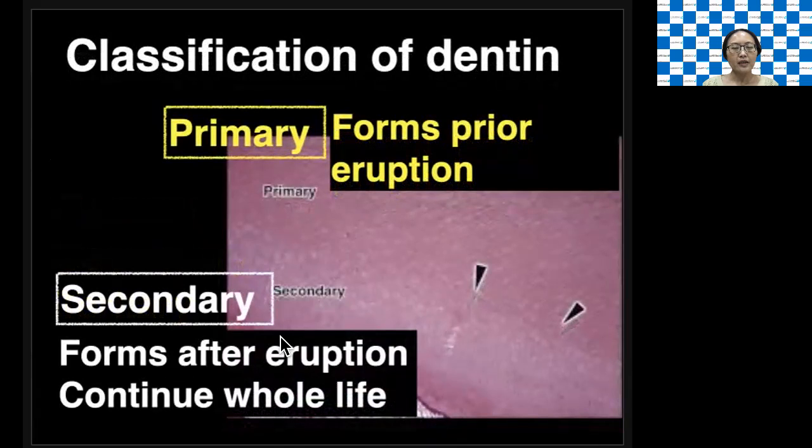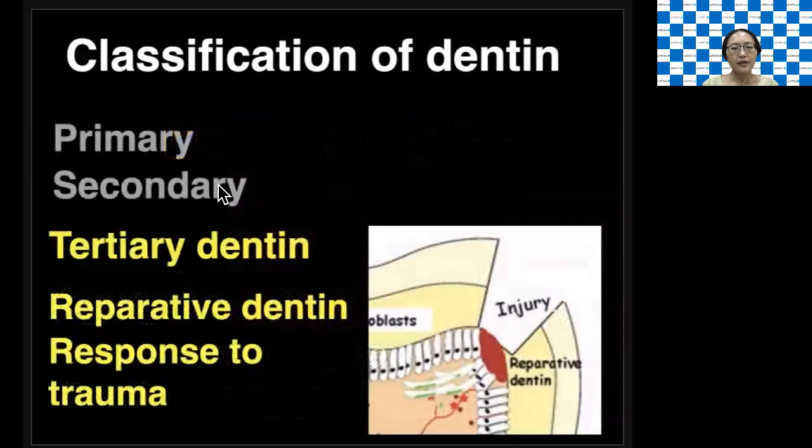So that's why the color of the dentine is yellow, because the secondary dentine forms after eruption and continues throughout life, so the thickness of dentine will increase. That's why the color of the tooth will become yellower through life. And the tertiary dentine is a kind of reparative dentine. It's a response to trauma.